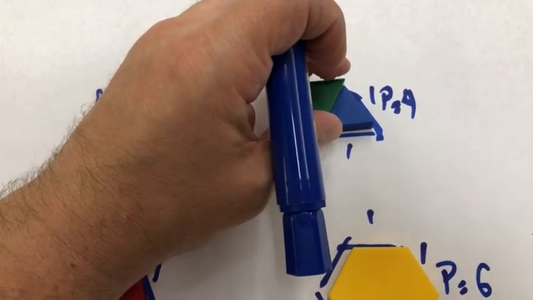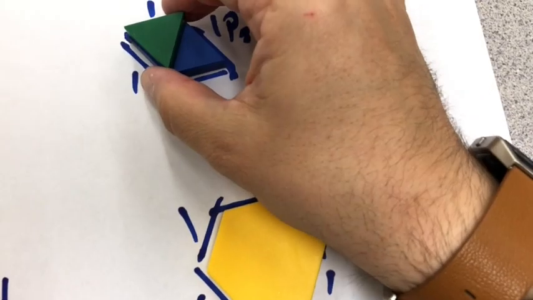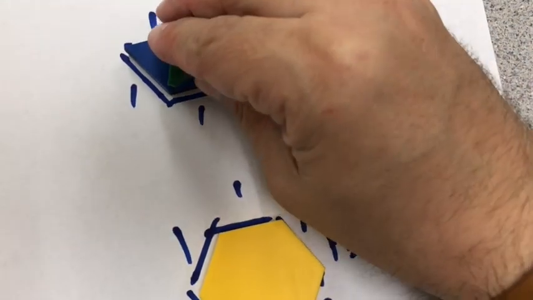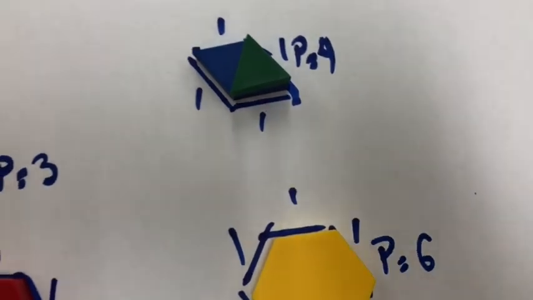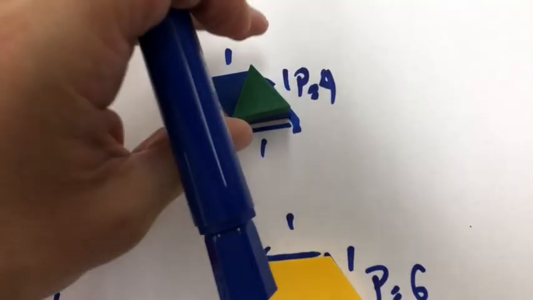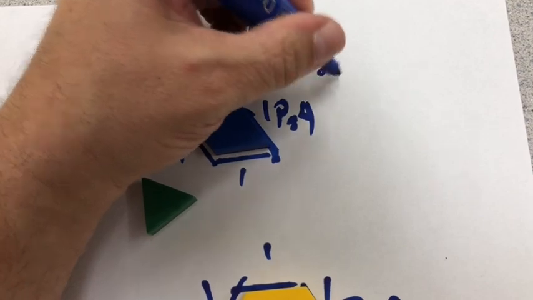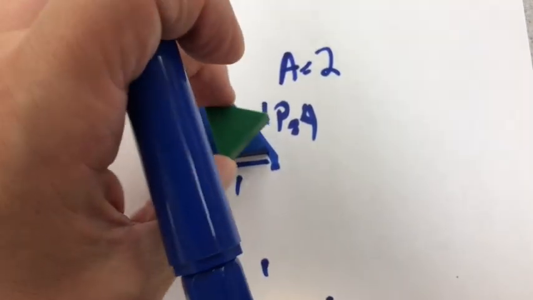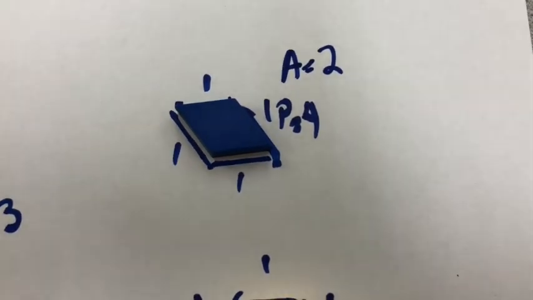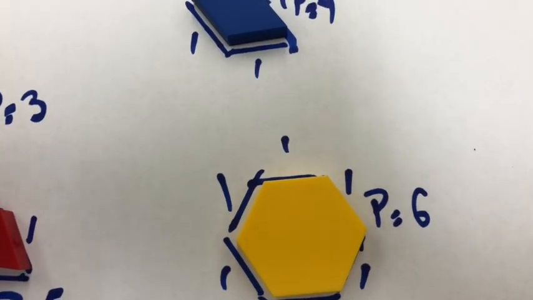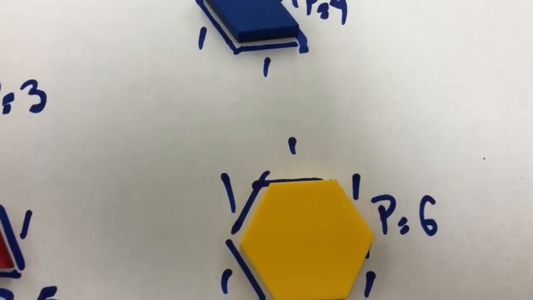If I block it over the blue parallelogram, I can see that I can fit a green triangle on that side, and I could probably fit another green triangle on that side. So what's our area? It's 2. So 2 green triangles can fit into this blue parallelogram, so we would say that has an area of 2. That's the surface. Area is the surface.